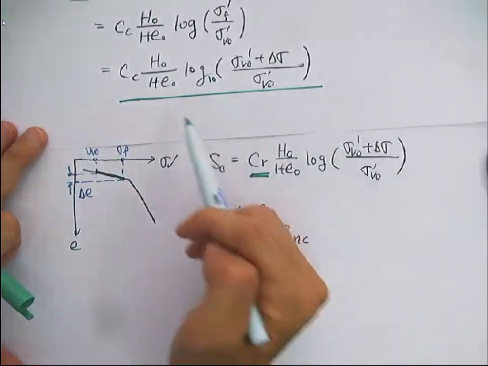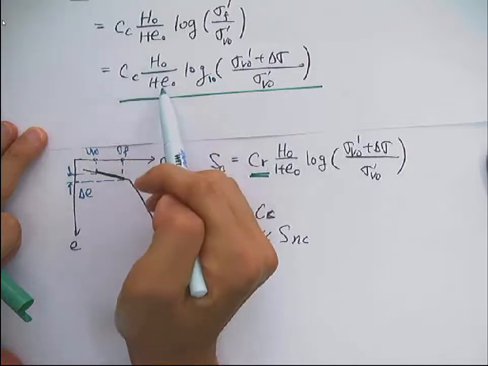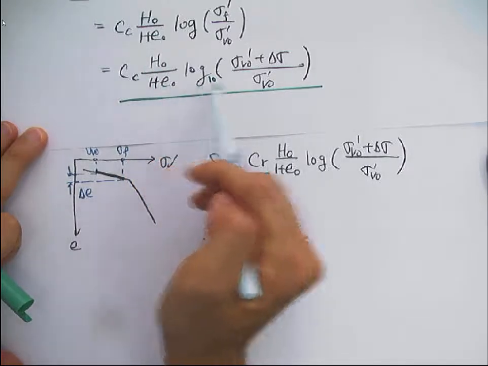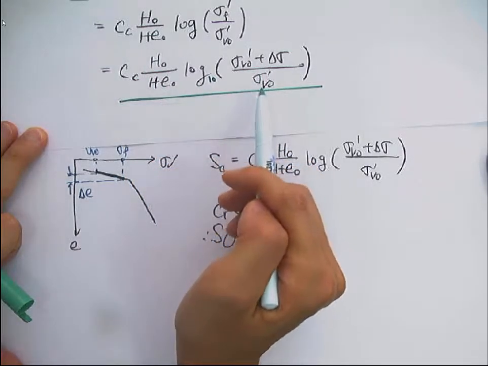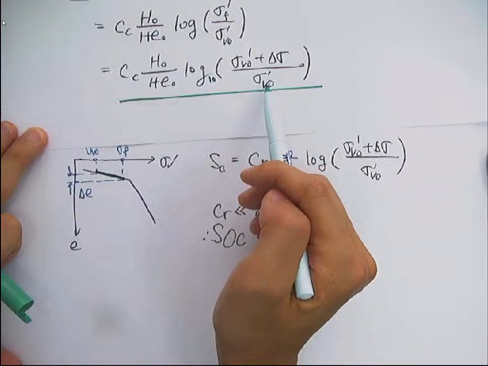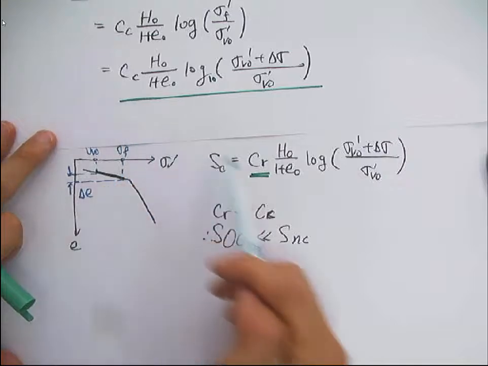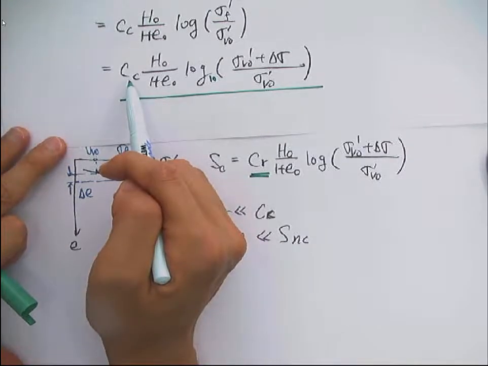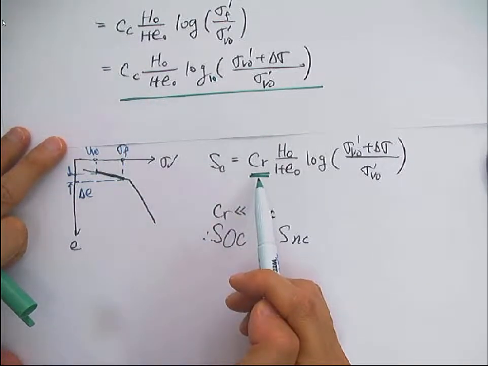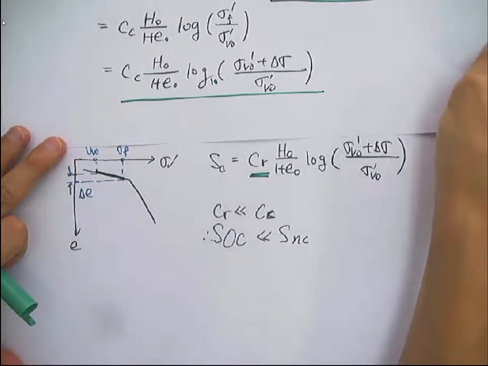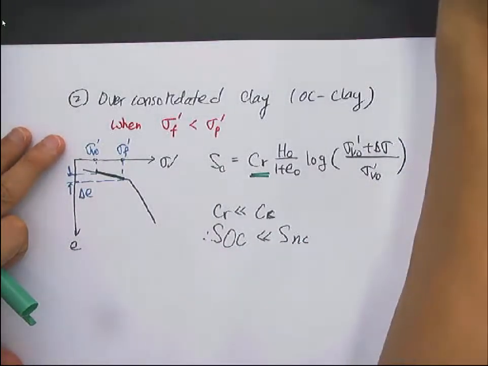You can see Cc and H naught over 1 plus e naught and log sigma f over sigma i, the final stress over the initial stress. The only difference is that they use Cc and here you use only Cr, which is natural, right?